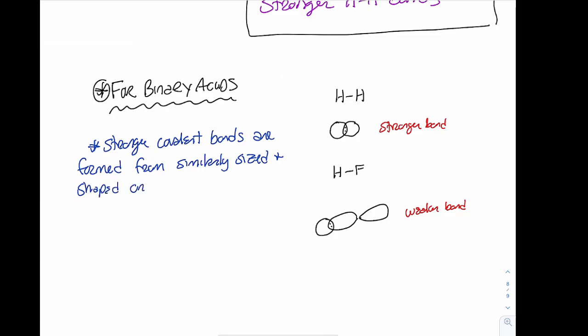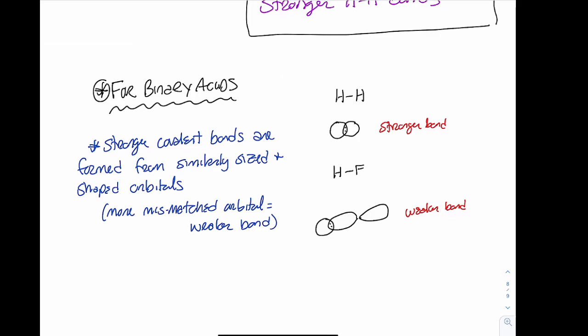The more mismatched the orbitals are that are forming the bond, the weaker that bond. More mismatched orbitals equals a weaker bond. And again, this goes back to valence bond theory, which you would have talked about in chapter 4 of 150 or 151. So it's probably been a little bit.